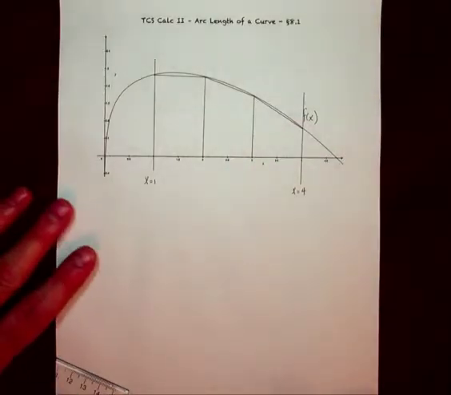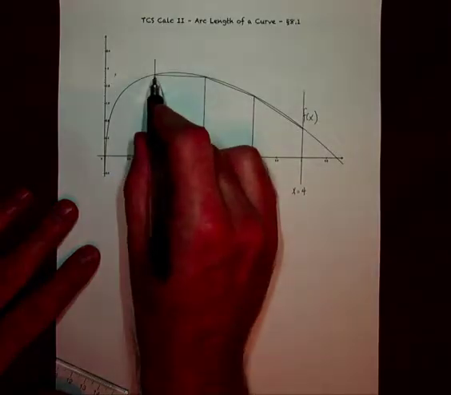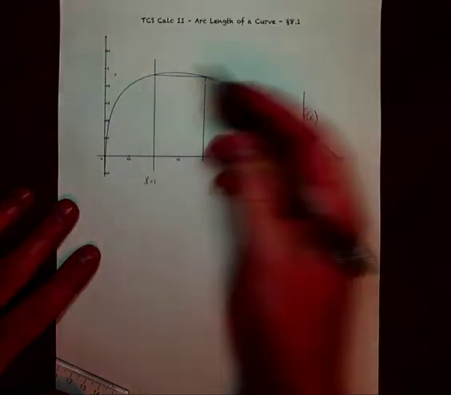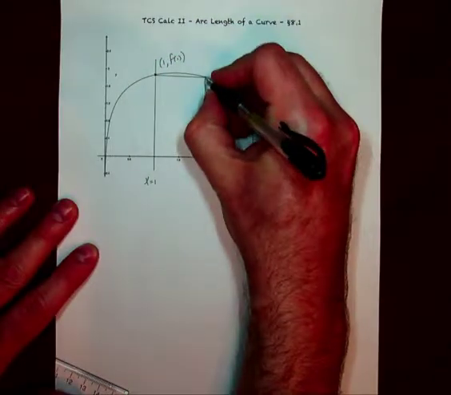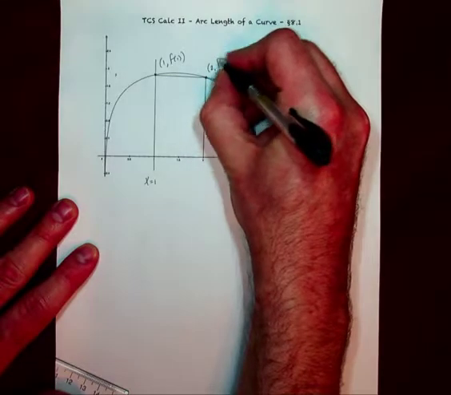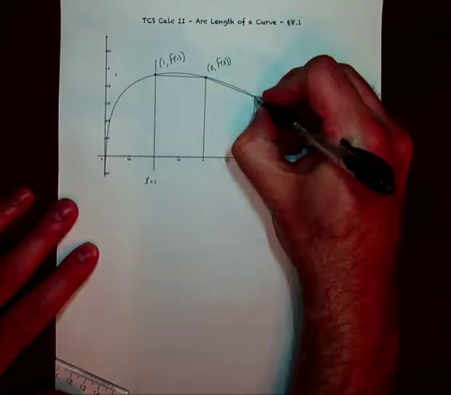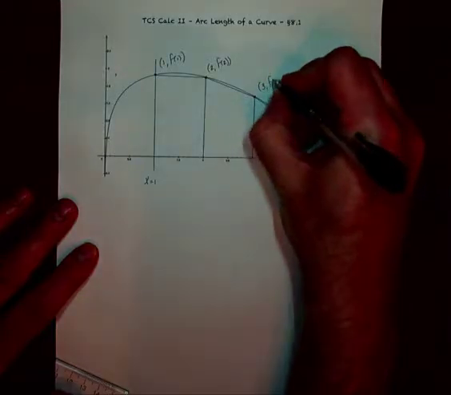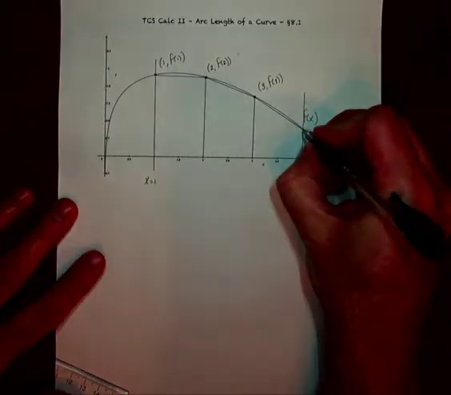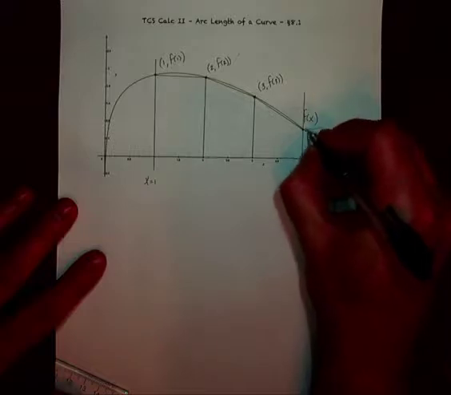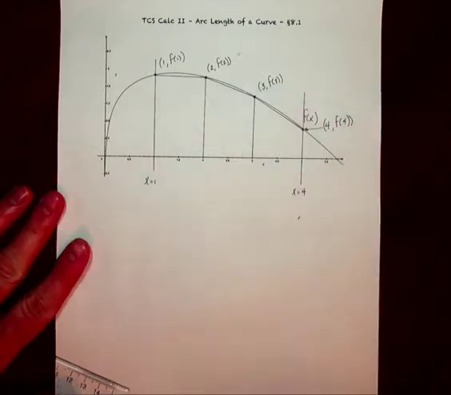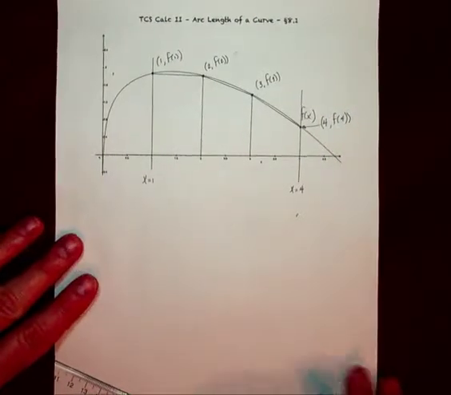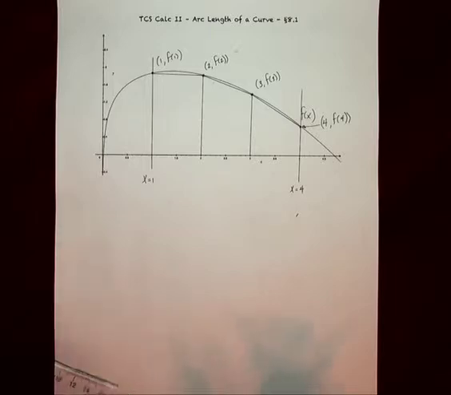This secant line goes from the point 1, f of 1, to the point 2, f of 2, then 3, f of 3, and of course 4, f of 4.